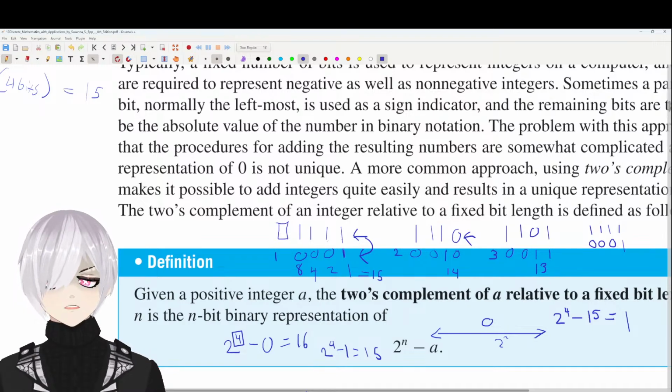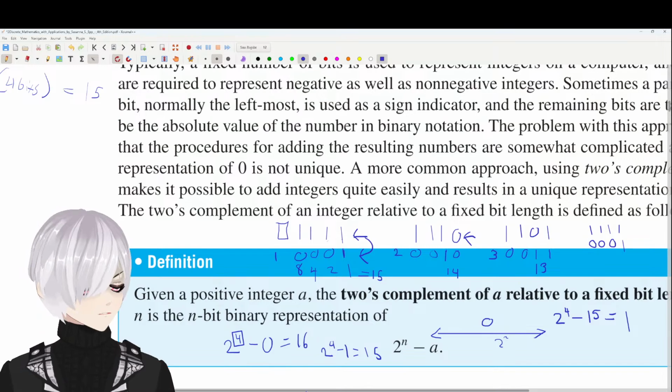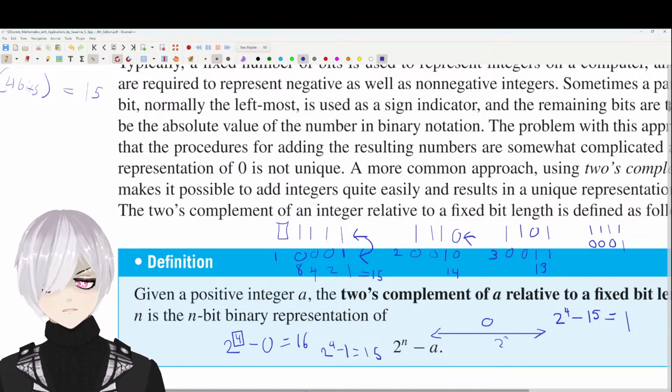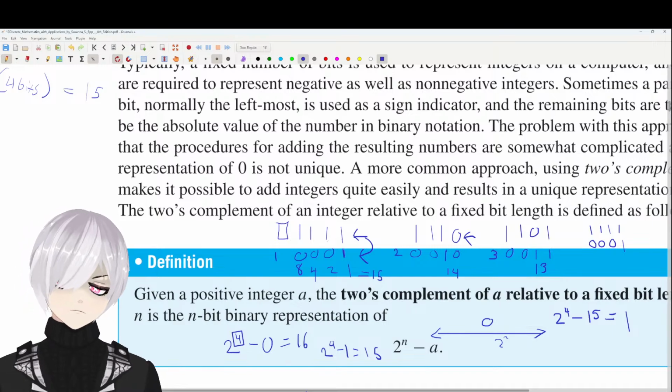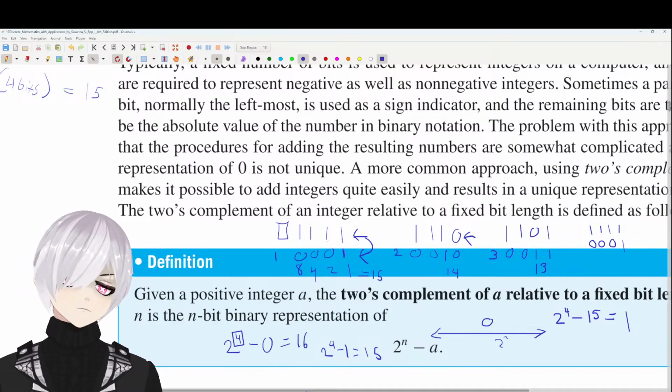So I wonder if the chapter explains what to do when plugging 2 to the n into this formula. Well, I guess you can take the 2's complement of 2 to the n. If you have n bits, it would be 2 to the n minus 2 to the n. So the 2's complement of 2 to the n would be 0.